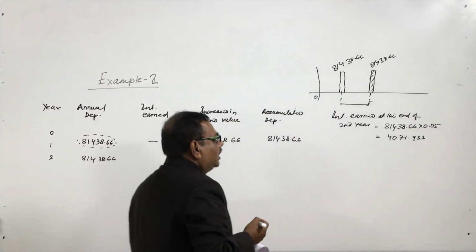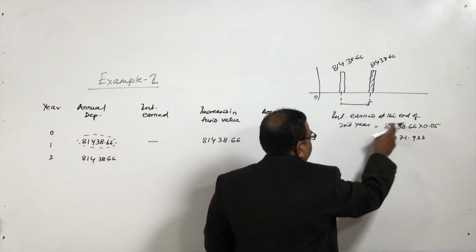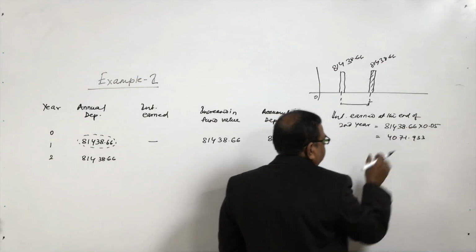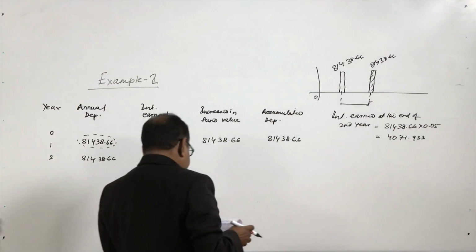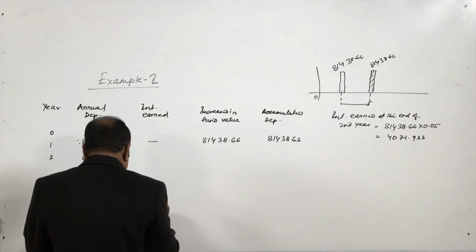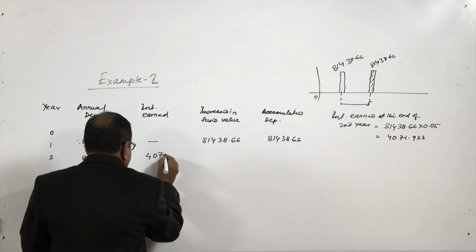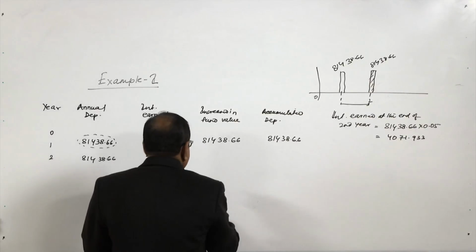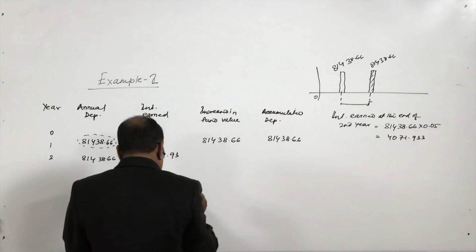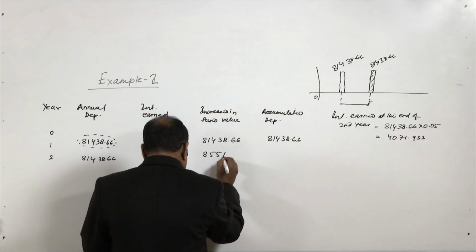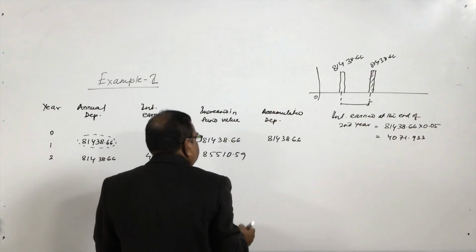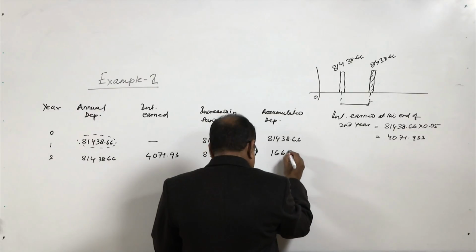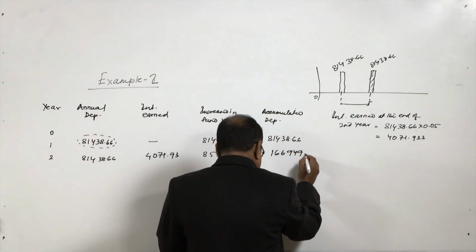This value will earn 5% interest, and this interest is 4071.93. When I add these two, it is 85510.59, and accumulated depreciation is 166949.25.